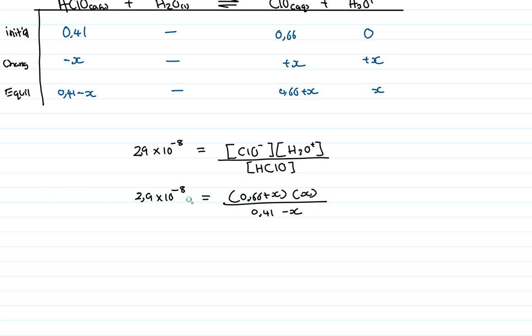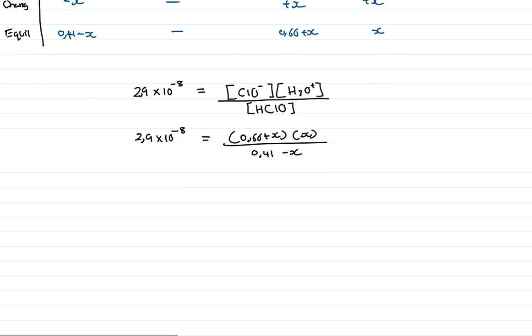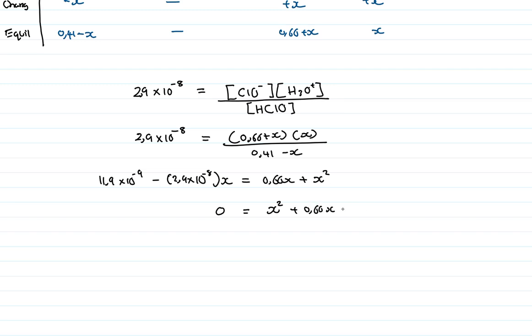So I'm just going to multiply both sides by the denominator, and now I'm going to take everything to the other side and simplify my equation. So I have x squared plus 0.66x plus 2.9 multiplied by 10 to the power of negative 8x minus 11.9 multiplied by 10 to the power of negative 9.